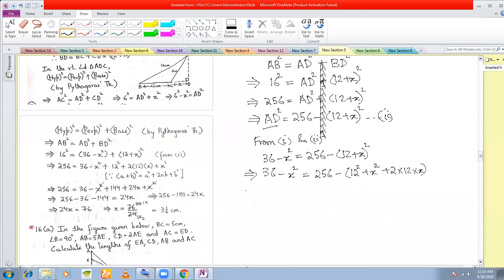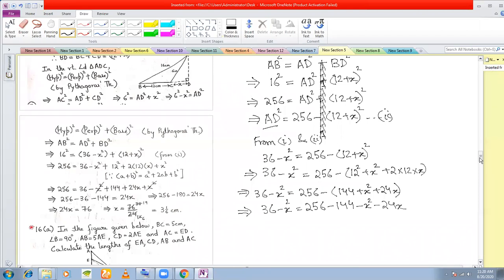Okay, that means 36 minus x square is equal to 256 minus (144 plus x square plus 24x). Okay, so this is 36 minus x square equal to 256 minus, open the brackets, signs will change, minus 144 minus x square minus 24x.